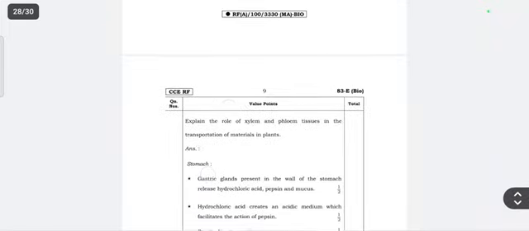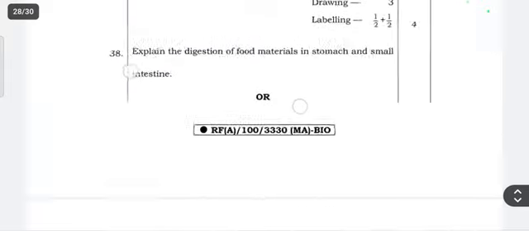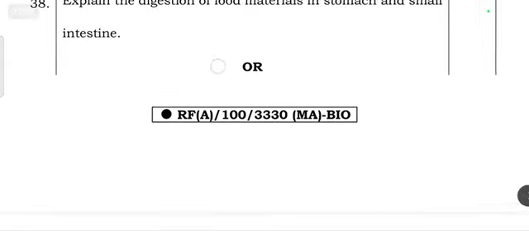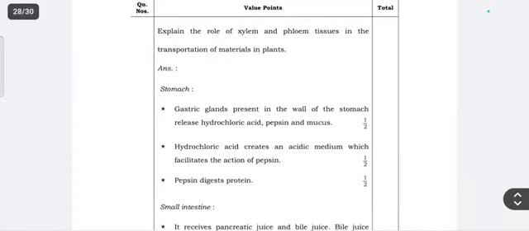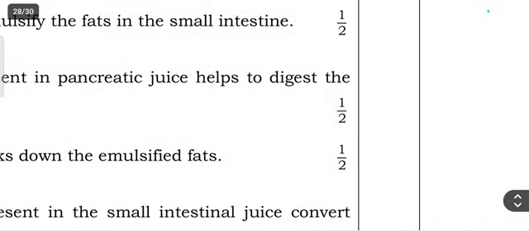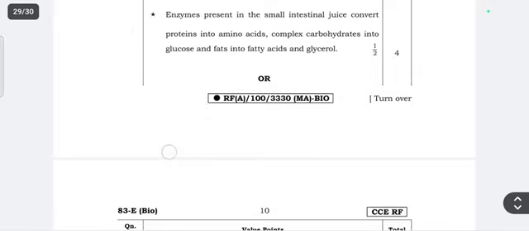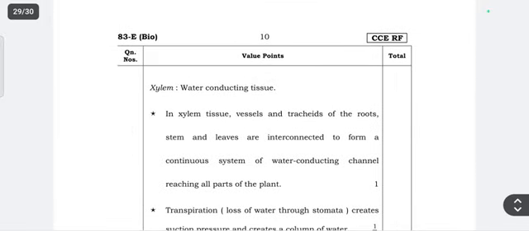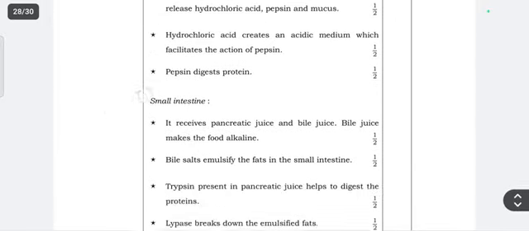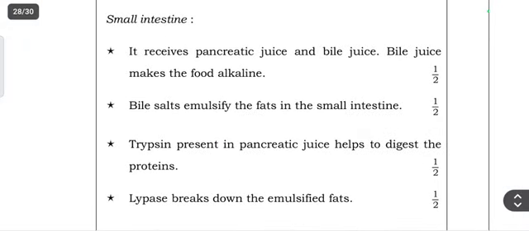They are asking two things. Explain the digestion of food material in the stomach and small intestine. So write point wise, you will get marks for that. See here how they gave marks, half a mark for each point. So try to write point wise. Stomach done. Now come to the small intestine. What is the work of the small intestine? It receives pancreatic juice and bile juice.